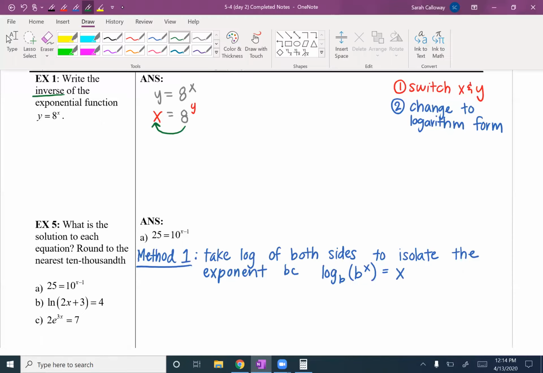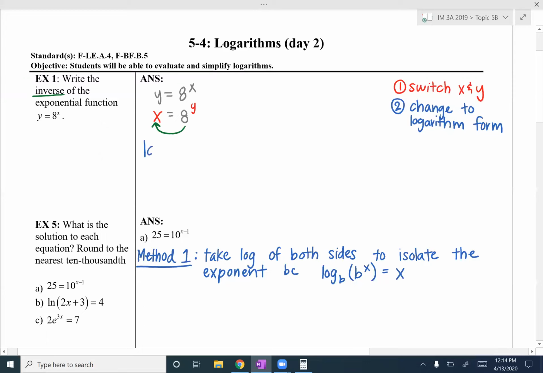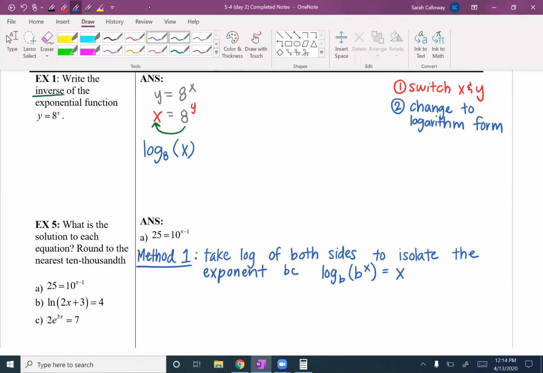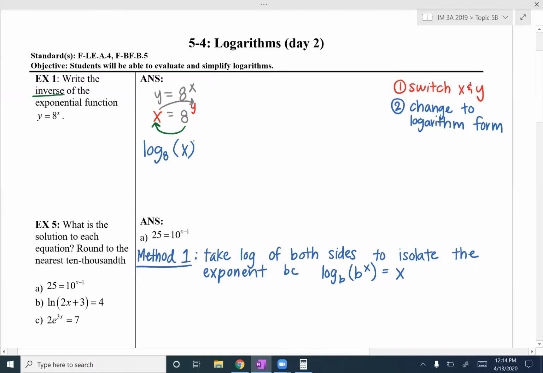So I'm going to have log base 8 of x, equal to the exponent, which in this case is y. So log base 8 of x equals y. That means that the inverse of y equals 8 to the x power is y equals log base 8 of x.